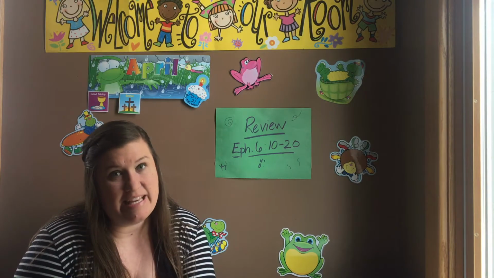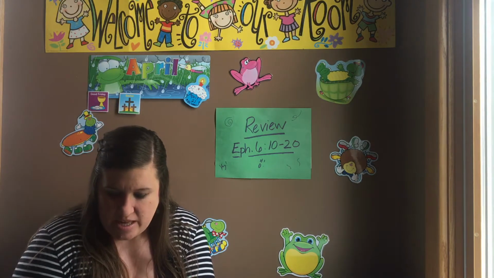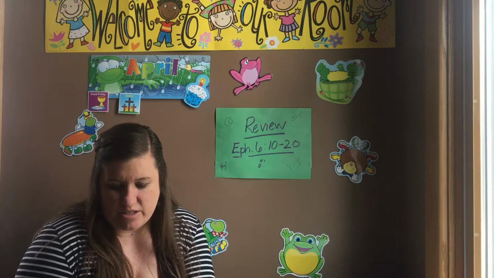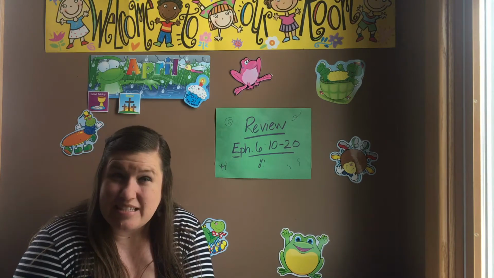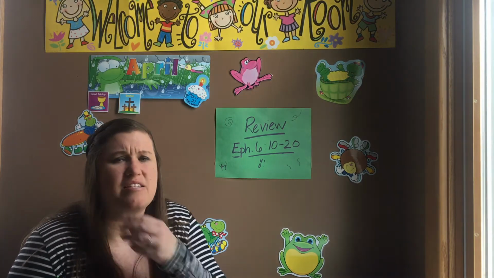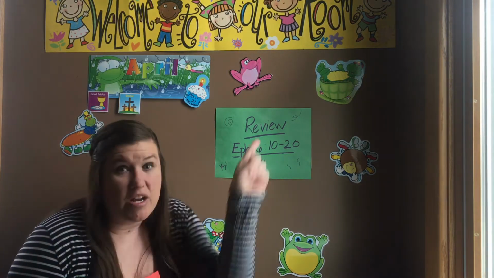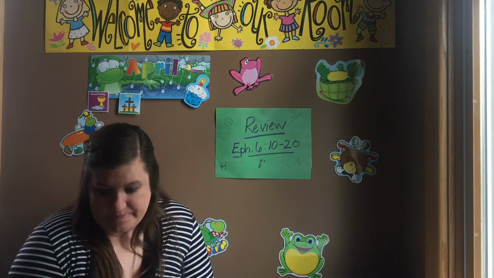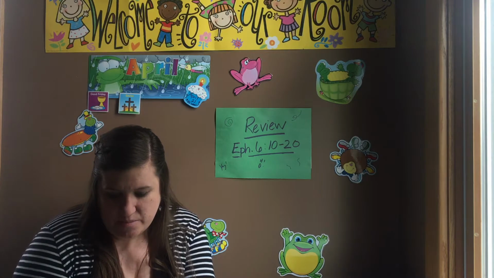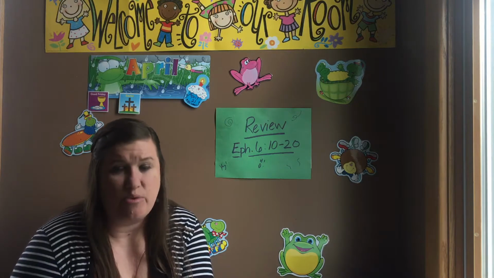So only kid-friendly websites. The other O: only read, speak, and listen to words that please God. Just like I was saying, if you come across a bad picture, that would not please God for us to see, so we're going to get off that. We're not going to look at that. L: let no one on the computer know your passwords, address, or phone number.